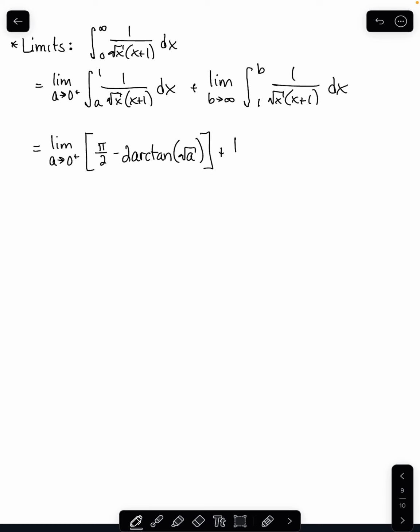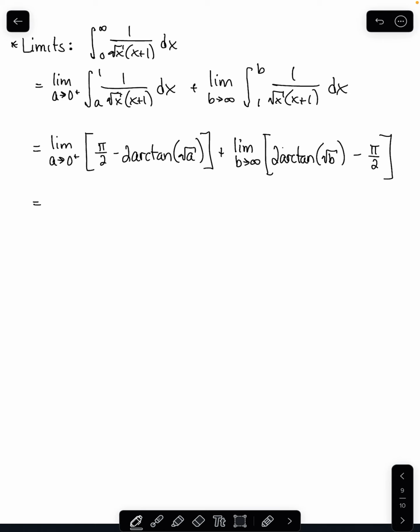And for the second integral, 2 times the arctangent of the square root of b minus pi over 2. Now again, let's not go nuts canceling out those pi over 2's just yet. We still need to treat each one separately to see if it diverges or converges. Because again, if either one of these diverges, the entire integral diverges.